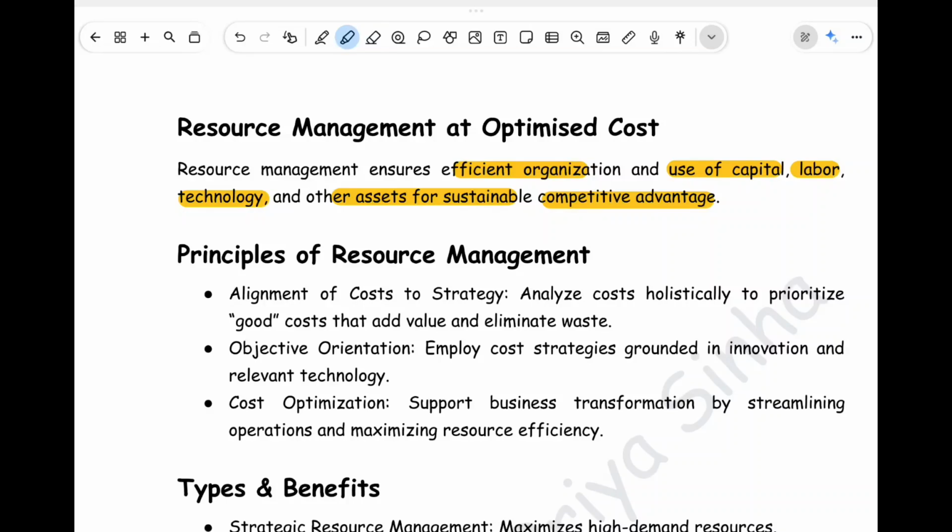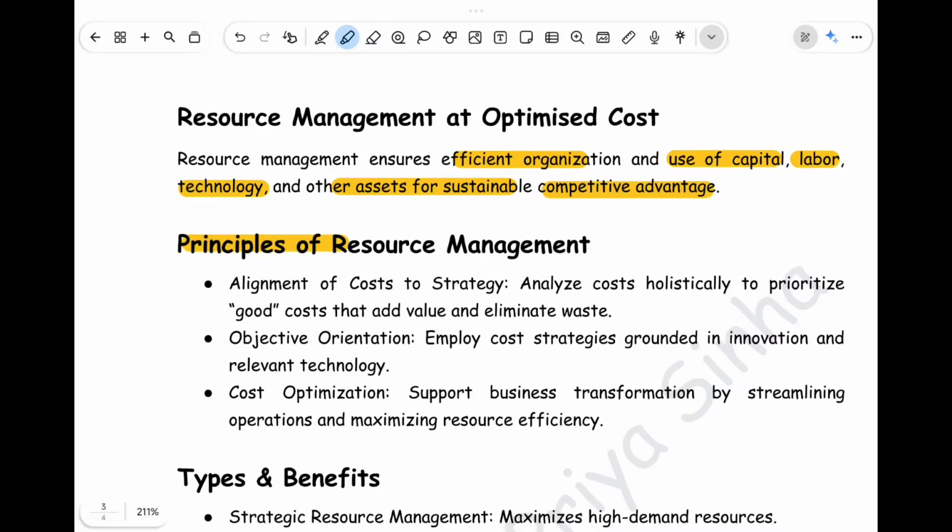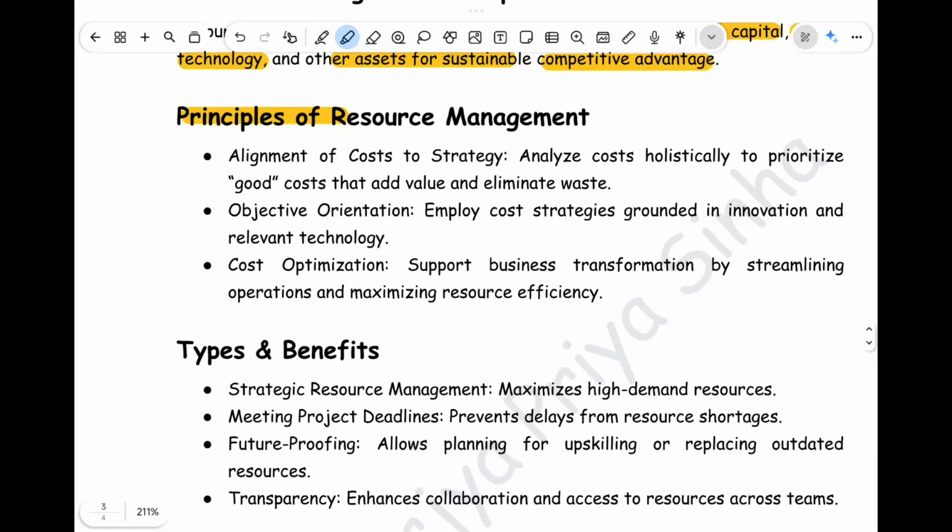Now, what are the principles of such resource management? First is alignment of cost to strategy, in which we need to analyze the cost holistically to prioritize good cost that adds value and eliminate waste. That is alignment of cost to strategy.